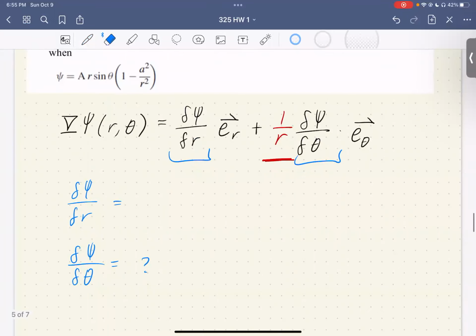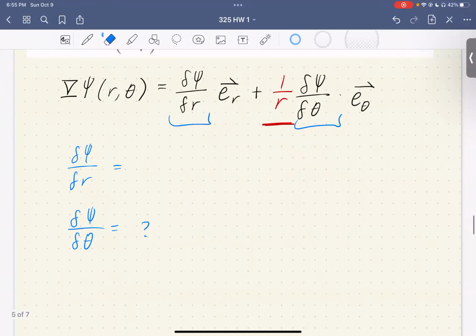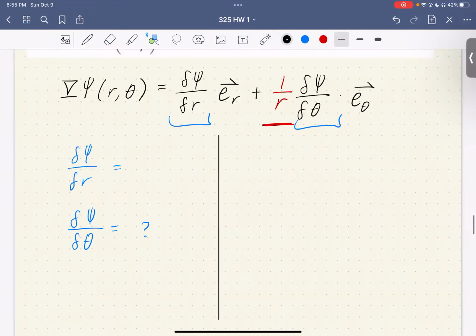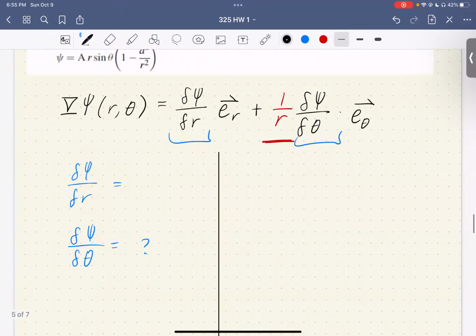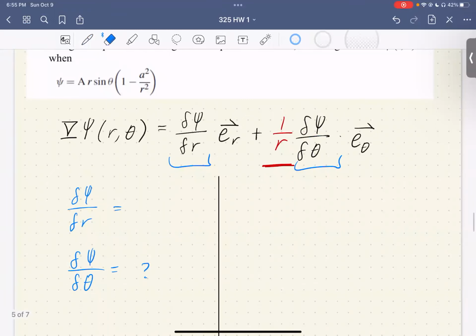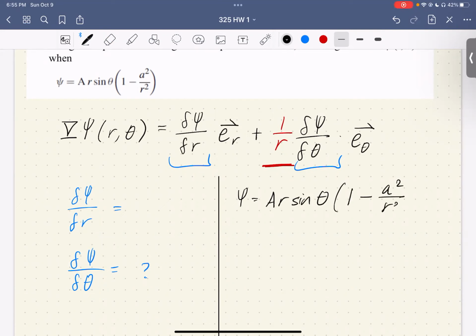I'm going to just draw a line just to give us some space. Great, so we have our expression: a r sine theta times 1 minus a squared over r squared.